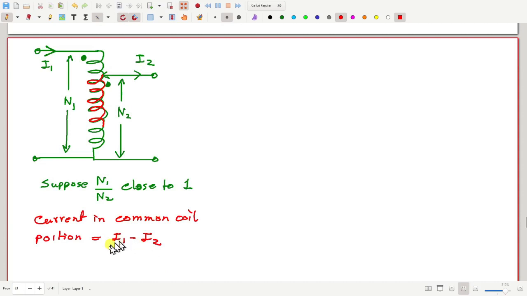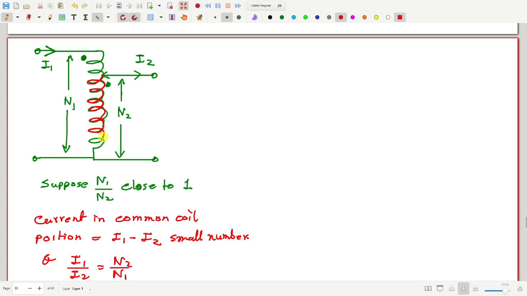Now I1 by I2 is equal to N2 by N1, which is close to 1, therefore this difference is a small number.